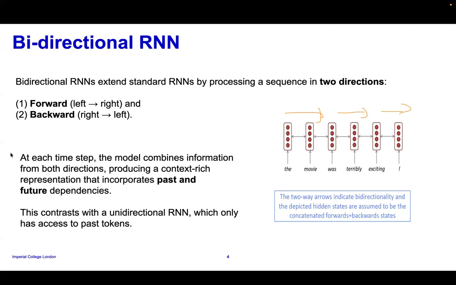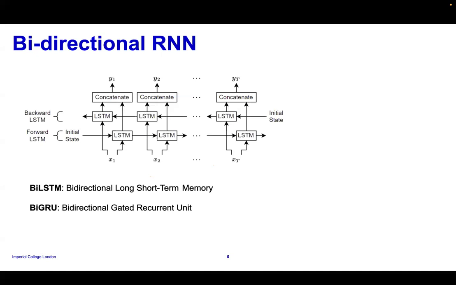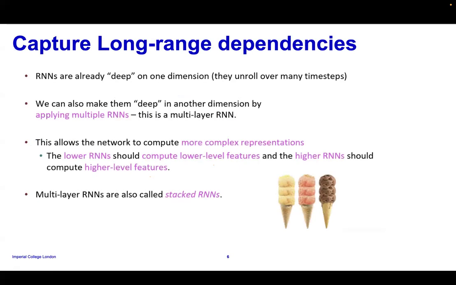But again, can this solve all the issues we have with RNN? No. Let's look at it. In RNN we also have LSTM and GRU, which are different versions of RNN, and they are here to solve the problems of the classical RNN.